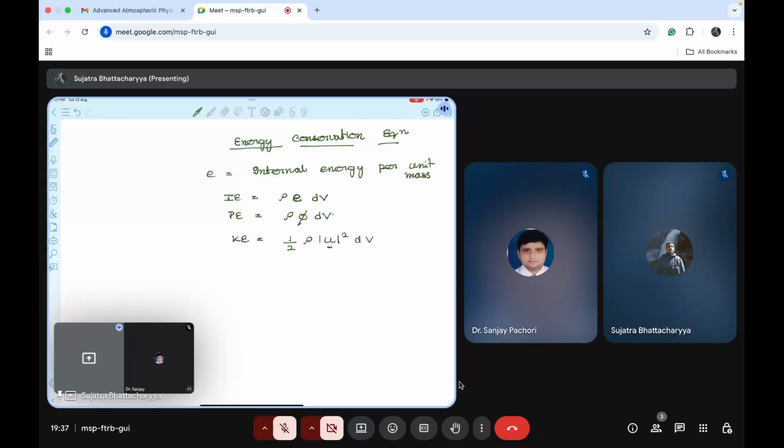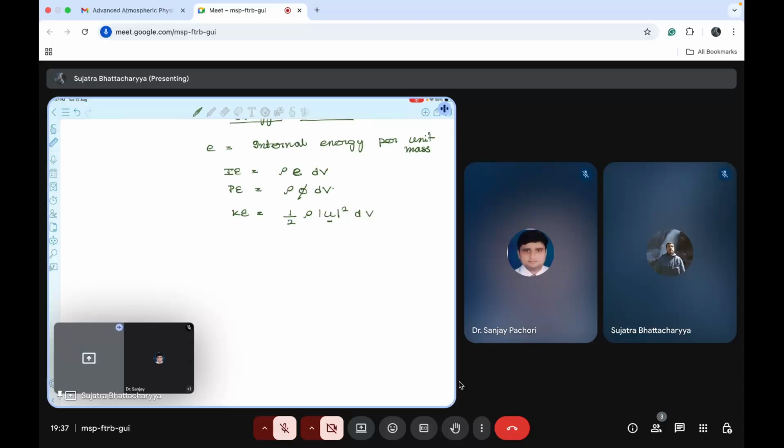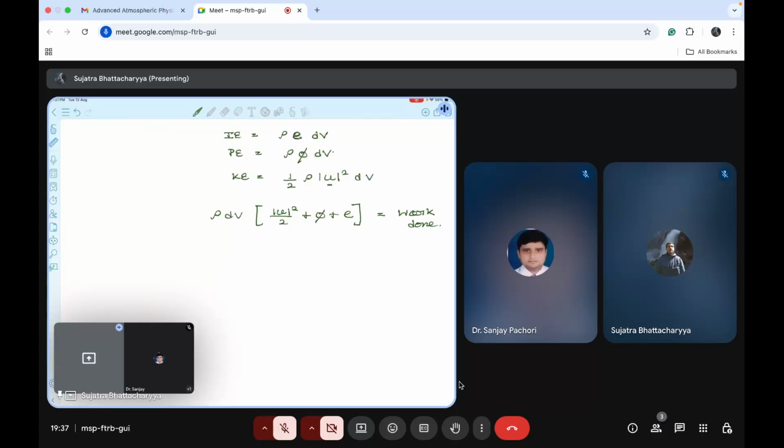So it is u, v, w, everything. Okay, so now the total energy, that is rho dV times u square by 2 plus phi plus e, will be equal to the work done. We know that net total energy is nothing but equal to the work done.